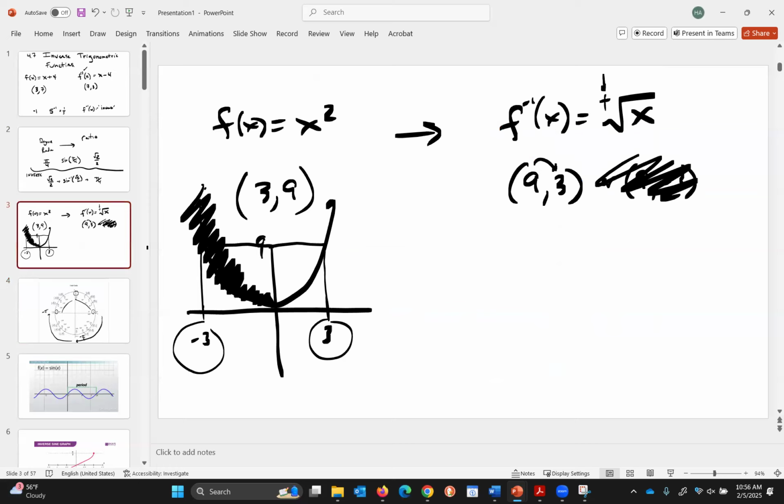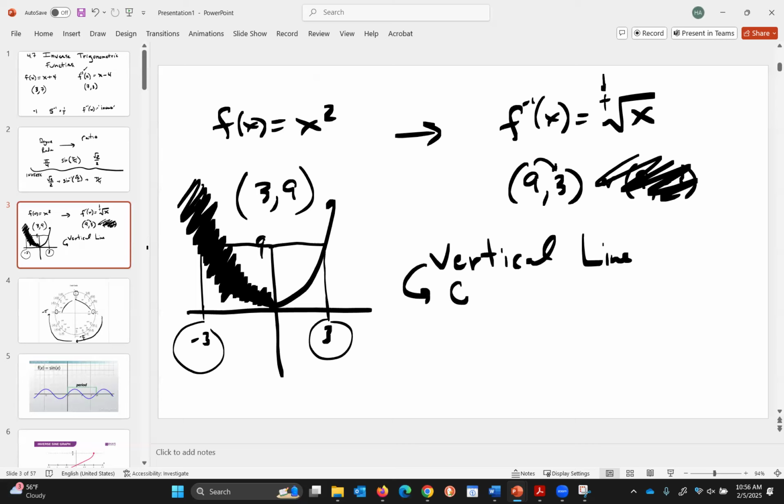All right, now let's go. Just like we had to limit this x squared in order to have a horizontal line test that passes. Let's do this one real quick here. Remember how you guys had a vertical line test? Vertical line test just makes sure that the graph you have is a function.